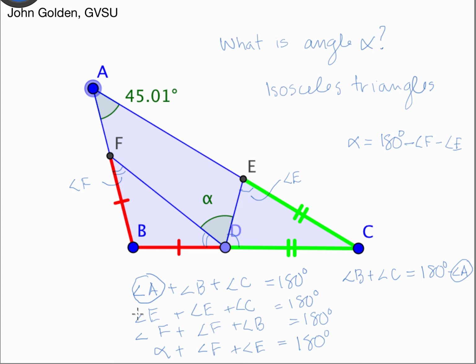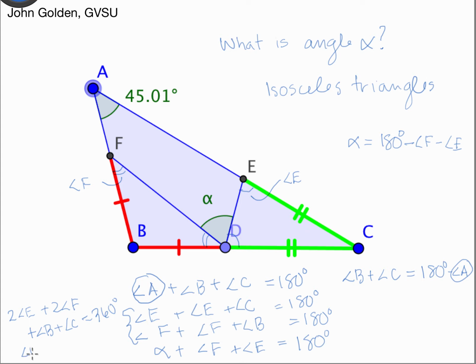So if I add these two together, I'm going to get 2 of those angle E's plus 2 of the angle F's plus angle B plus angle C. That's all adding up, this left side is going to be equal to 180 plus 180, 360 degrees.